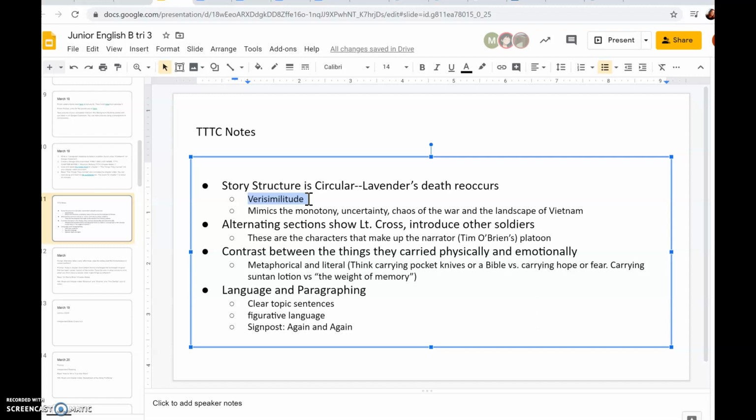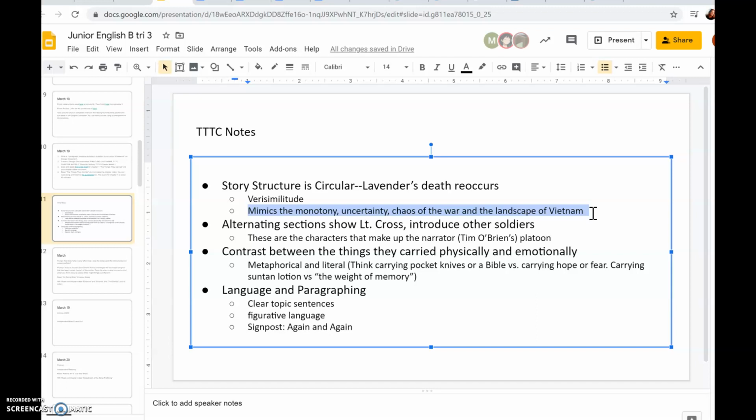It is in many ways based on some of his experiences out of Vietnam, but it is not a true memoir. And so having some of this kind of circular story structure gives it a sense of verisimilitude. Likewise, it mimics the monotony, the uncertainty, and the chaos of war, as well as the landscape of Vietnam.